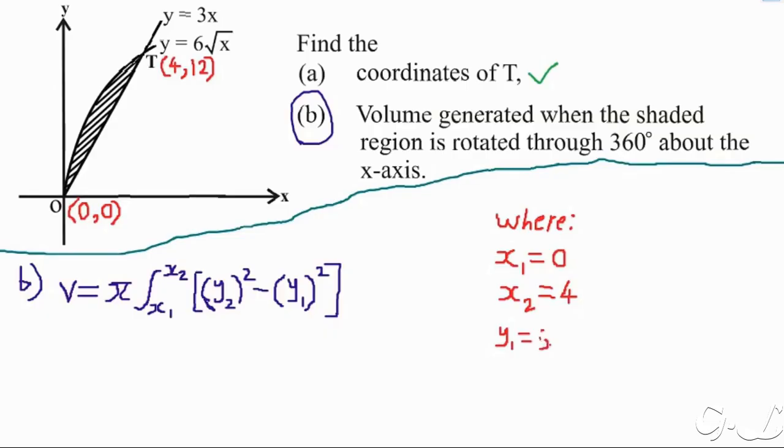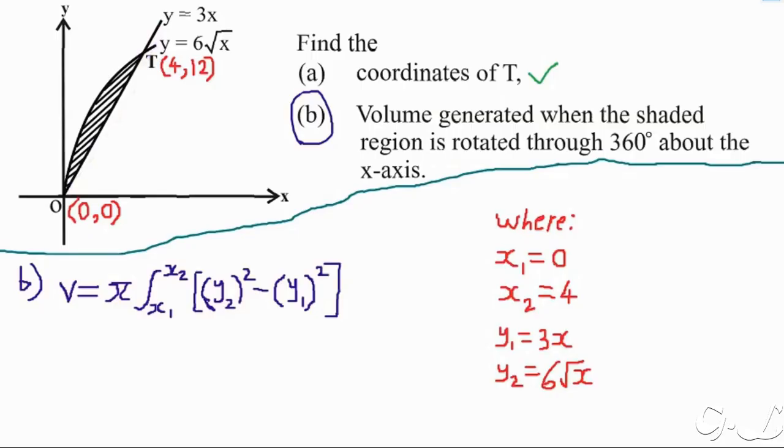And then y1, how do I identify that? The way we identify y1, it is the part which is down.